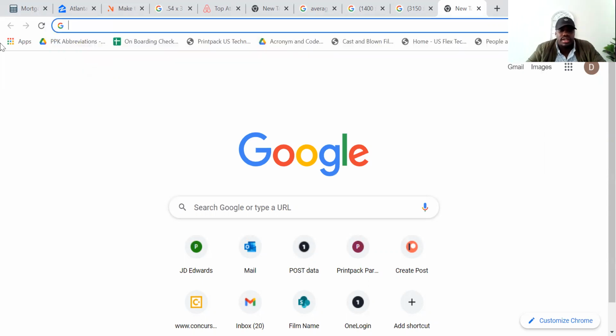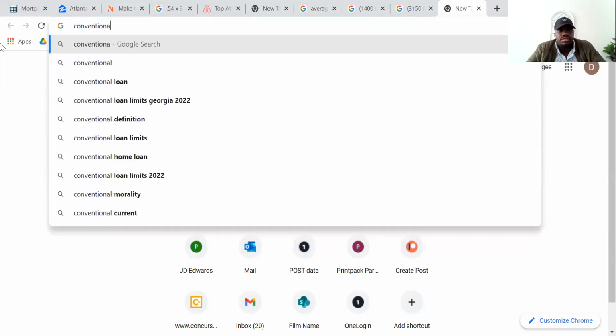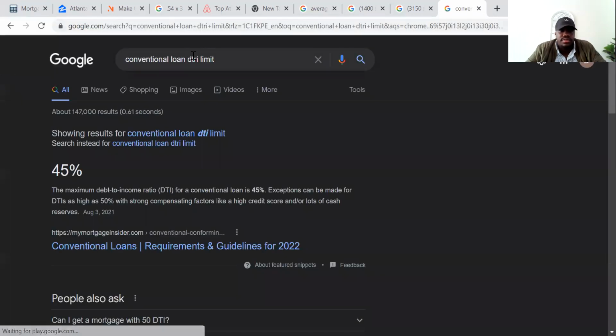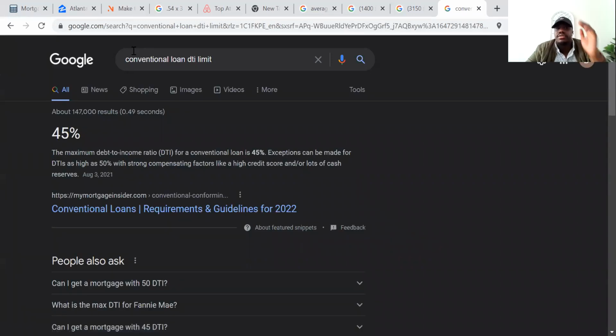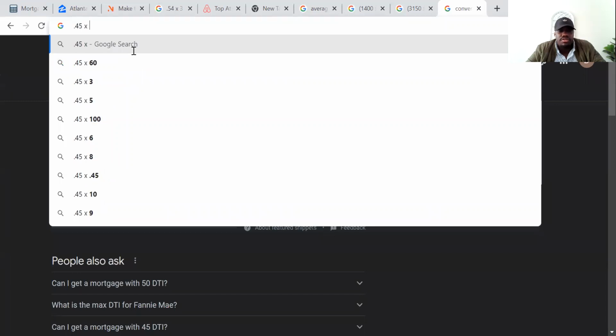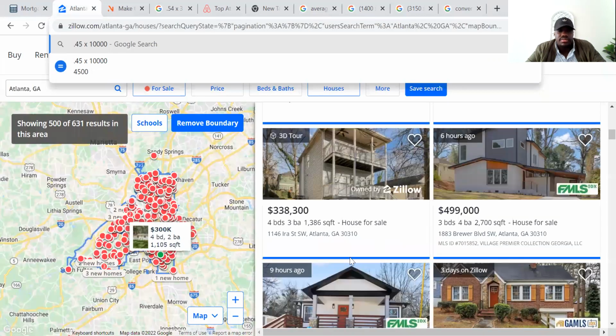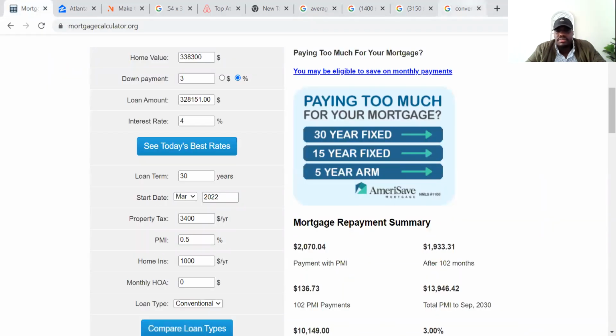Because if you Google the conventional loan DTI limit, which we showed last week, it is about 45%. So just to reiterate, take 45% of your gross monthly income. In this case, that'll be 10 grand. That's 4,500. So provided that that falls in line, you'll be fine.